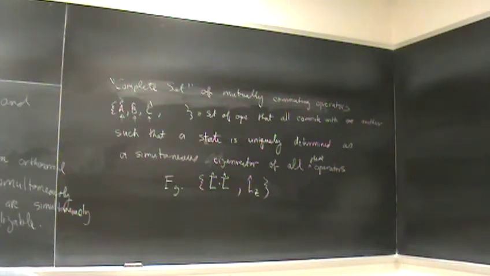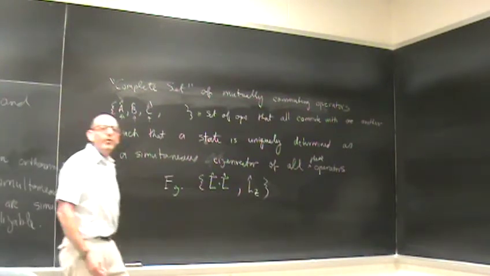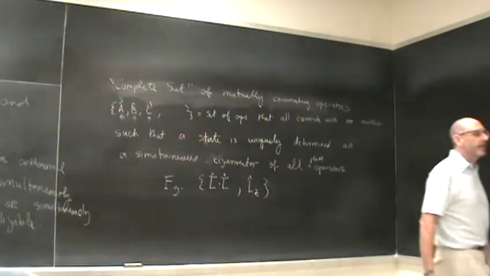Well, I need the principal quantum number, the orbital quantum number, and the magnetic quantum number. N, L, M are the three quantum numbers that uniquely specify the state. Why are there three? Because it's in three dimensions. If I fix the nucleus relative to the proton, there are 3 degrees of freedom associated with the motion of the electron. So we'll make that connection more deeply as time goes on.